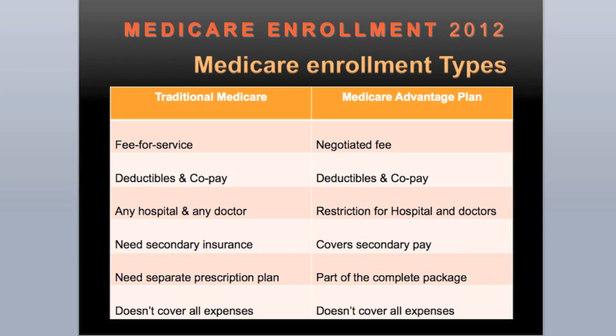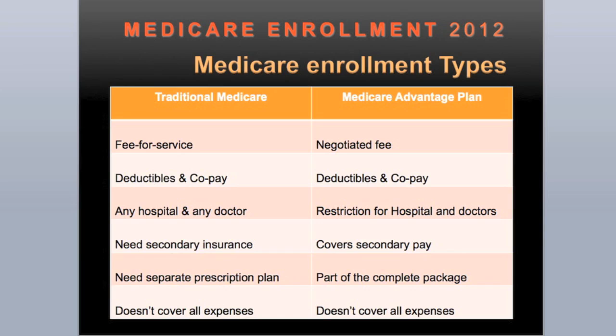The most important differentiation between traditional Medicare and Medicare Advantage plans is that with traditional Medicare, you can choose any doctor or go to any hospital of your choice. Whereas with Medicare Advantage plans, there may be restrictions as to which doctor you can see and which hospital you can get admitted to for your services.